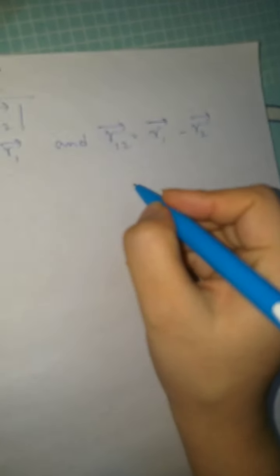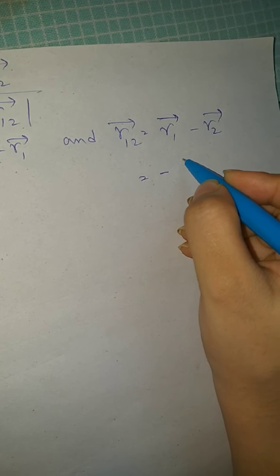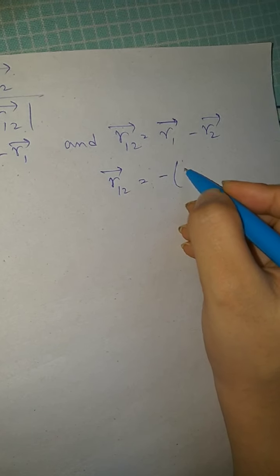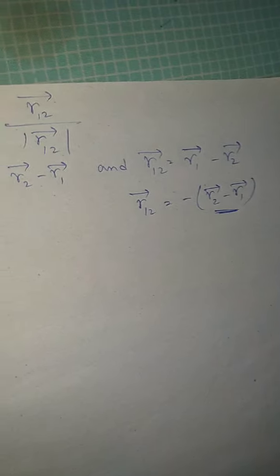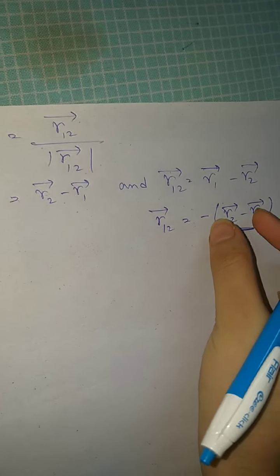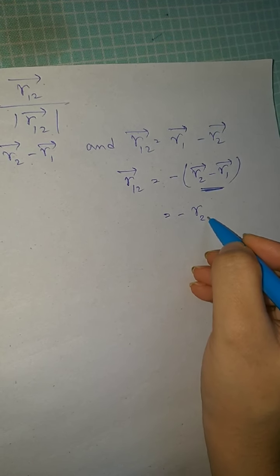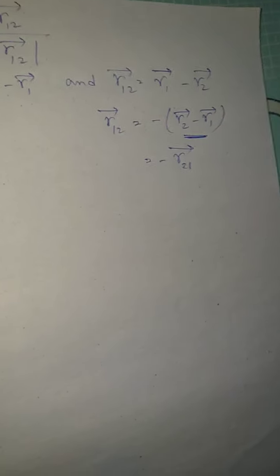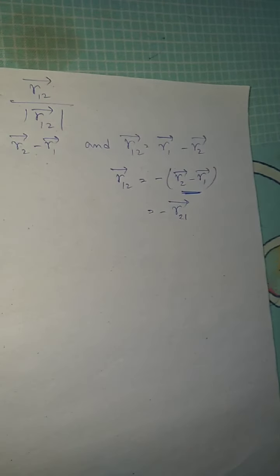So if we take the minus sign, then we get R12 equals R2 vector minus R1 vector, and this is the value of R21. So R12 equals minus R21. Here you can see R12 vector and R21 vector are opposite vectors.